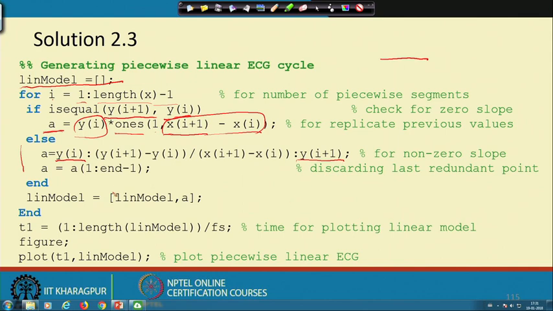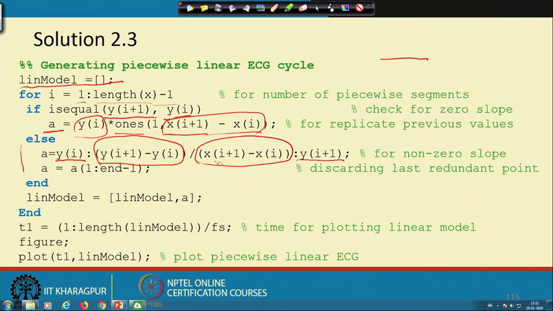The increment is given by the total deviation, y of I plus 1 minus y I, divided by the total duration in between. Okay. So, that is given by x I plus 1 minus x I. So, it gives the increment per sample, and with that rate we increase to create a ramp.